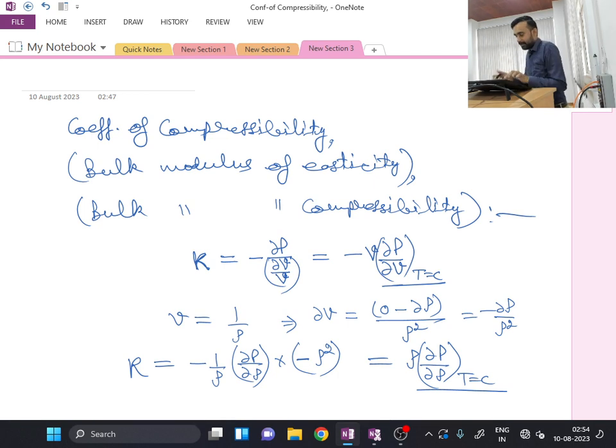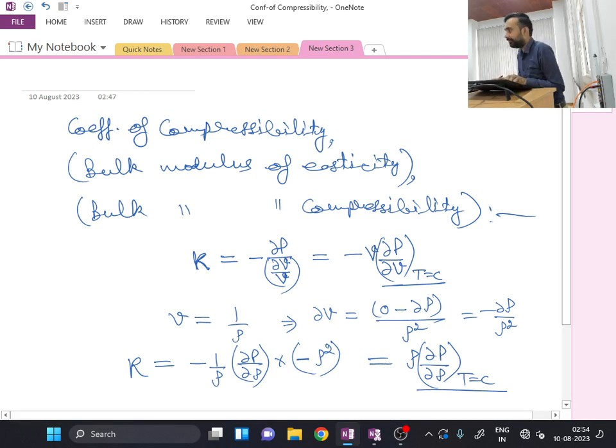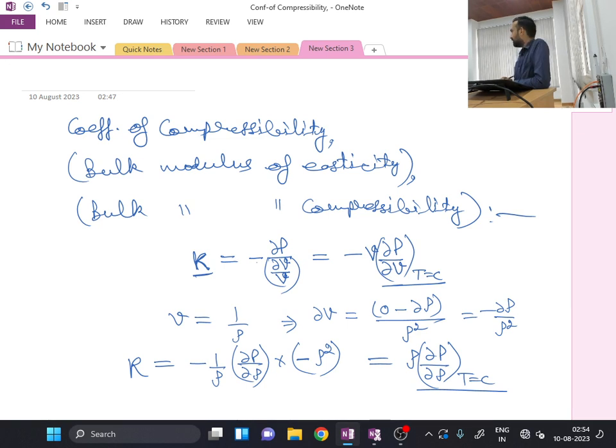So delta V will become negative if delta P is positive. To keep the overall quantity positive, we write it with a minus sign outside. Is this point clear?